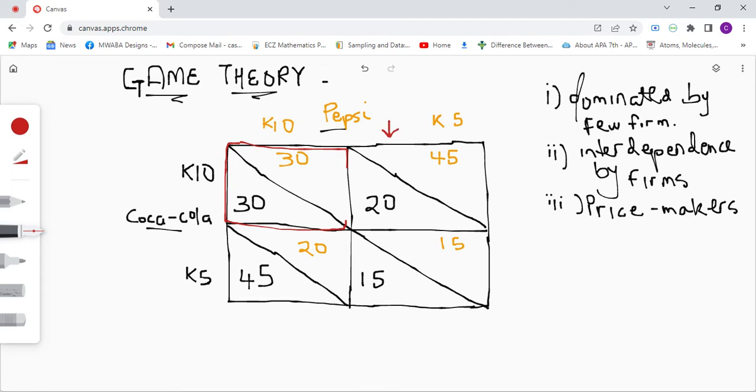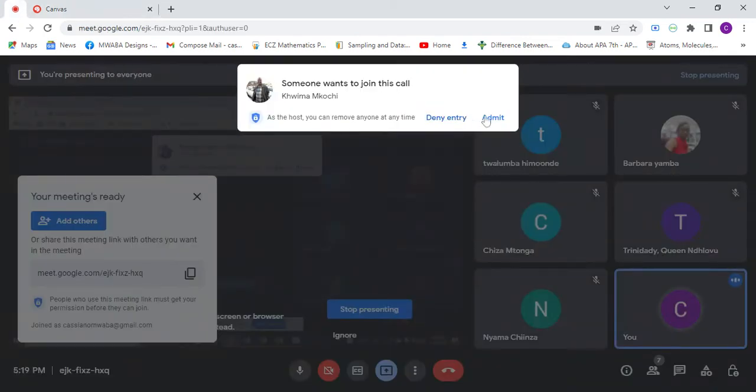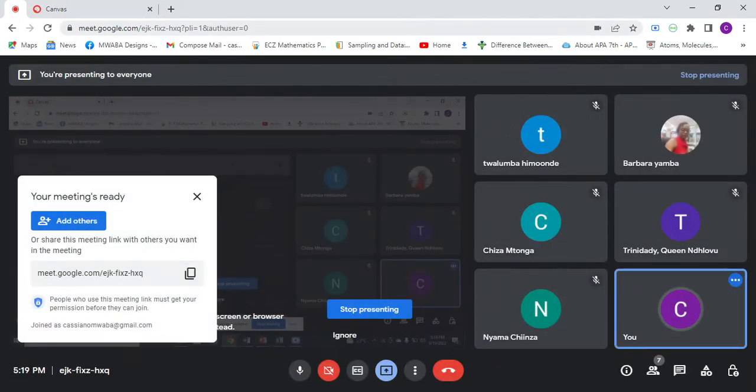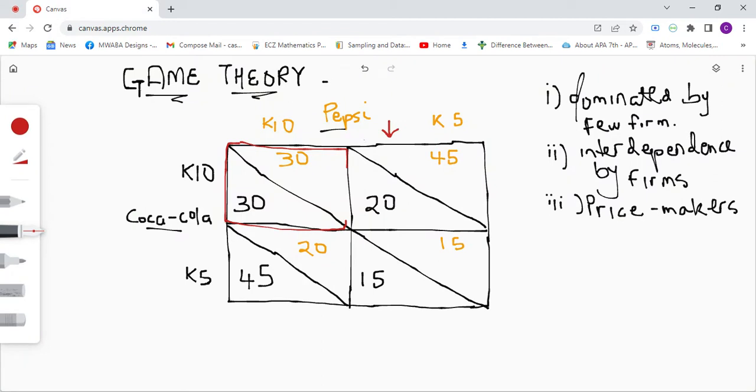When we come to this block here, if Pepsi reduces its price to 5 kwacha, and Coca-Cola is still charging 10 kwacha, what happens is people are going to start buying more Pepsi, and Pepsi will gain a bigger share of the market and earn more revenue.